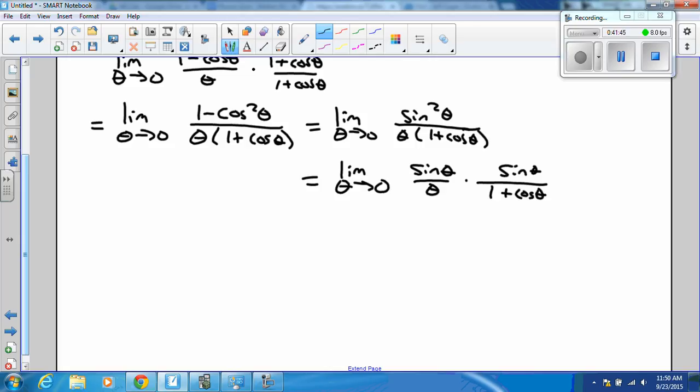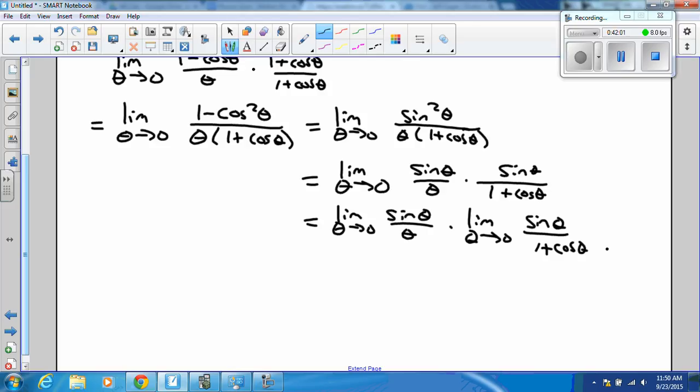And I don't really care what that other stuff is, as long as it's good. And now I can use the product rule for limits. And let's examine each limit separately.